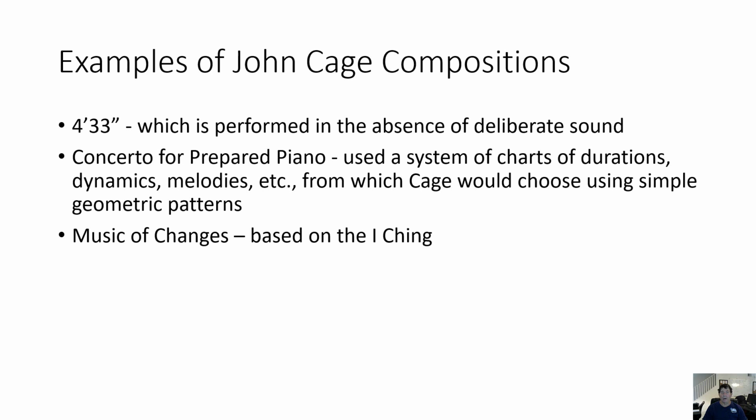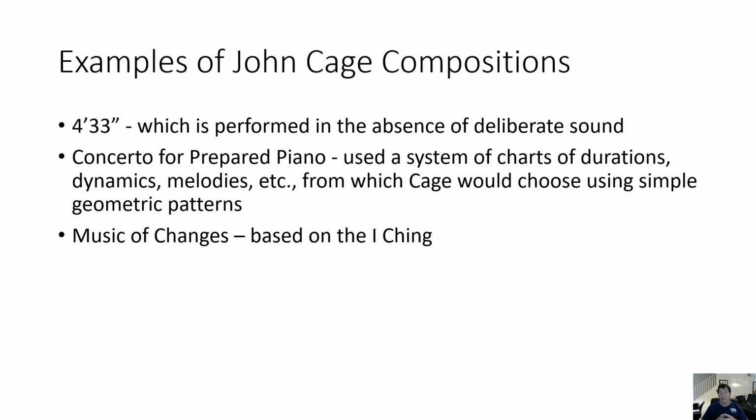Another famous one is Concerto for Prepared Piano. And so basically what he did was he retuned a lot of the strings, so it was quarter tones, half tones. He did a lot of putting stuff on the strings of the piano, so you would get weird sounds for some of the notes. And he didn't write it out. He used a system of charts, of durations, dynamics, melodies.